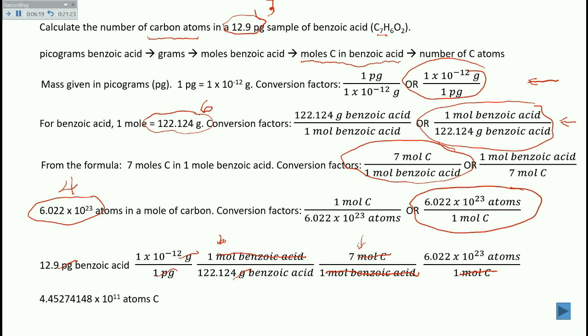So it turns out my limitation then is the 3 significant figures from my input. 3 sig figs here. So I need to round my final answer to 3 significant figures. And when I do that, I would cut off right there. And I would end up with 4.45 times 10 to the 11th atoms of carbon expressed to 3 sig figs.